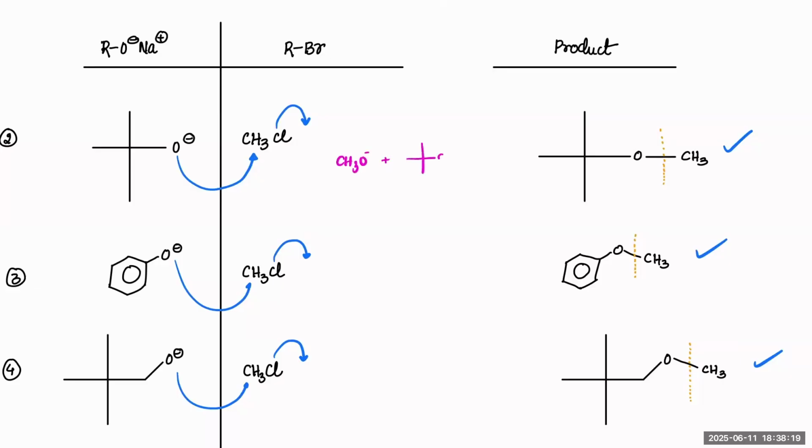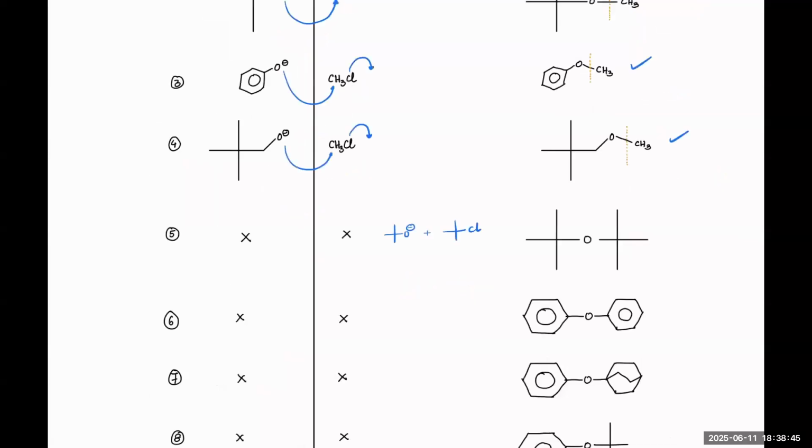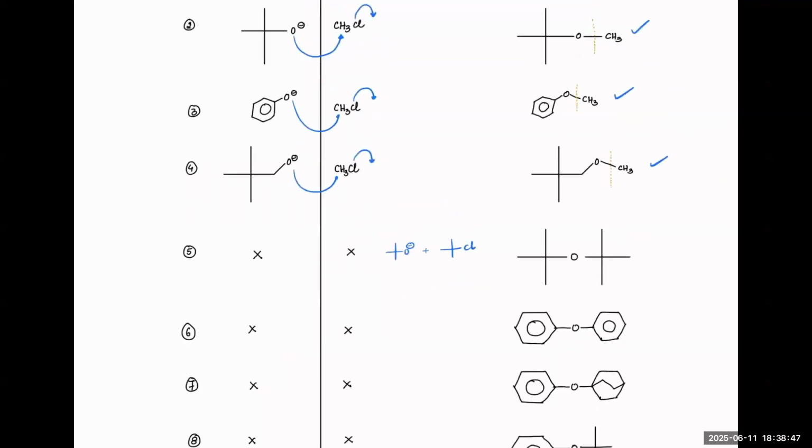Will this give SN2? No, this will not give SN2, because this is not SN2 ready. So this is not a correct representation to get this product. This is the correct way of attacking. So this has to be the alkoxide and this part has to be the alkyl halide in this case. Clear? Right. So check out the retrosynthesis quickly. 3 to 8. Check out all the cases once.